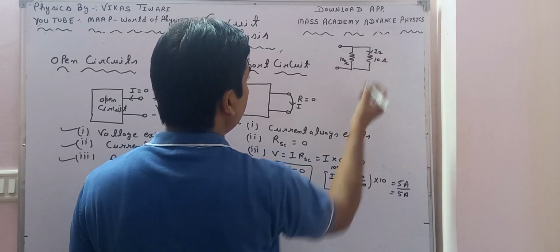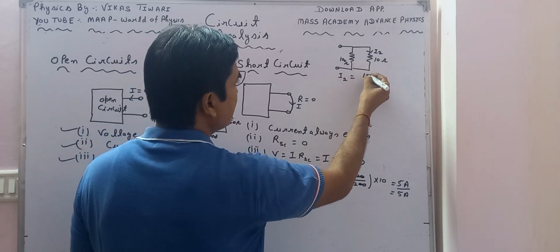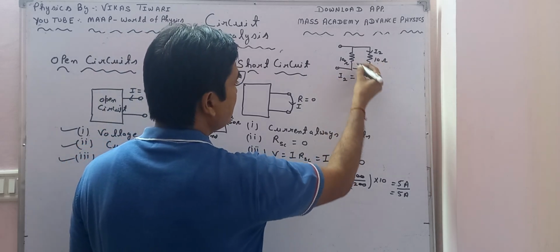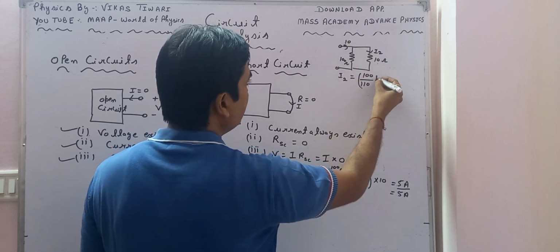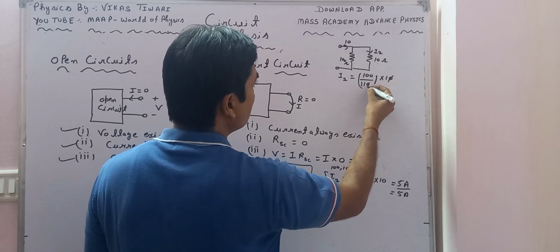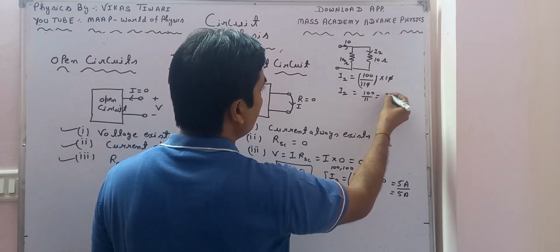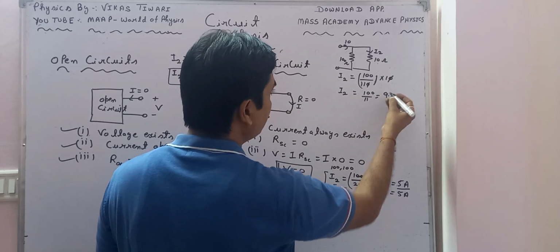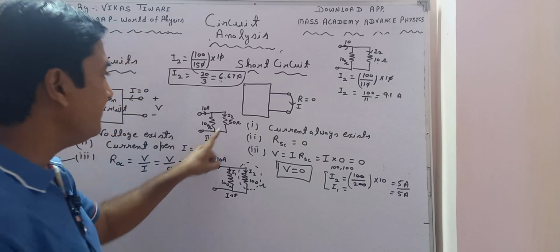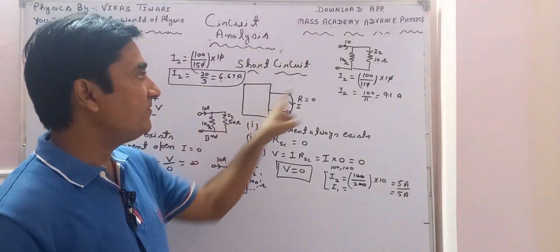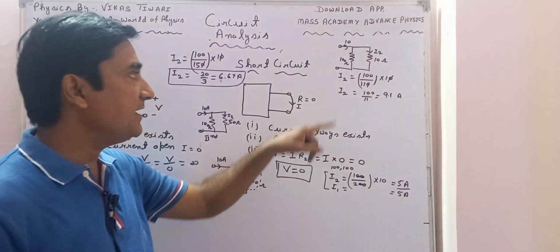What is the value of I2? It is 100 upon the sum of these two resistances, 110, and the total current is 10 ampere. So it becomes 100 upon 11, approximately 9.1. Again, I have reduced the resistance from 50 ohm to 10 ohm, so the value of current has increased.